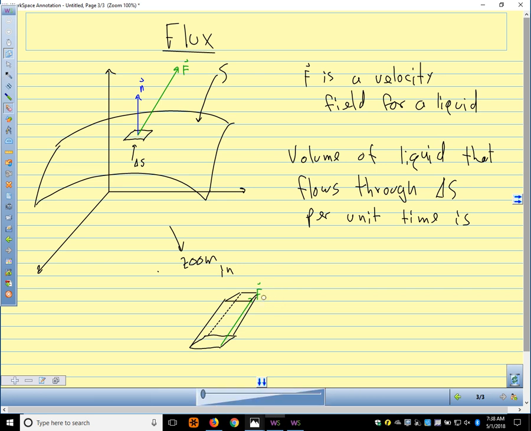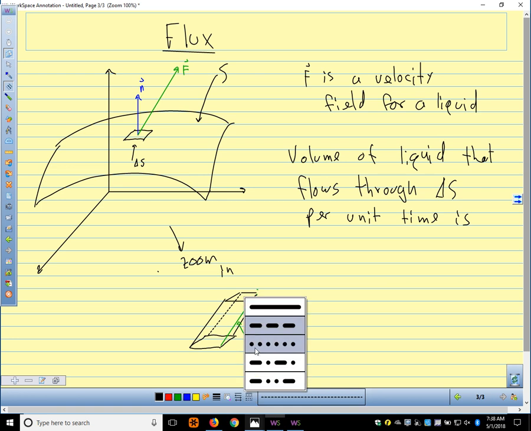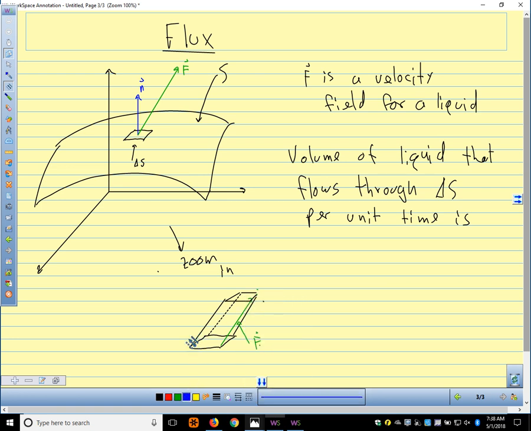One edge of that oblique prism is the vector F. Just going to draw an arrow there. There's F. And here's my little unit normal vector, N.